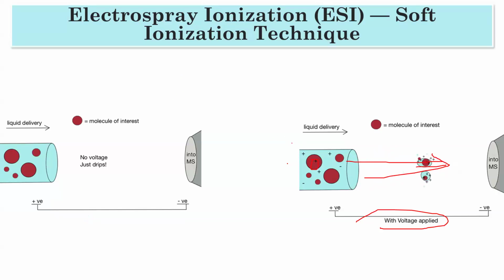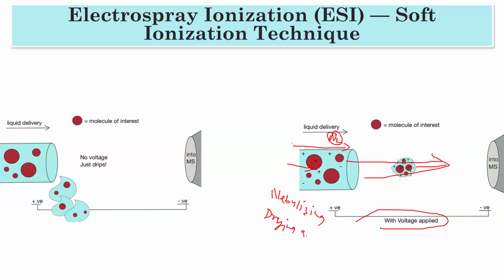We are not just inserting these; we are also purging with nitrogen gas. We have a nebulizing gas, and then we have a drying gas. You are purging with this drying gas and nebulizing gas.